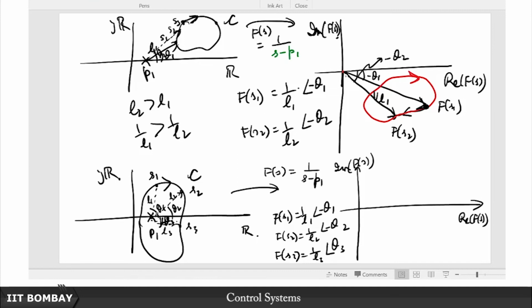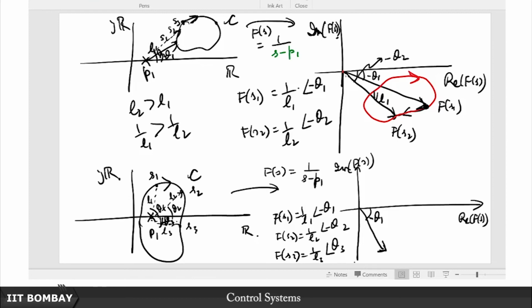Notice that first this is going to be theta 1. So, theta 1 is larger than theta 2. So, the magnitude, let me draw this point, this is minus theta 1 here, and now notice this point theta 2. What about this point theta 2? Well, this theta 2 is less.